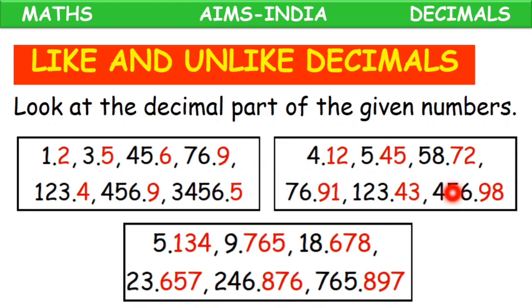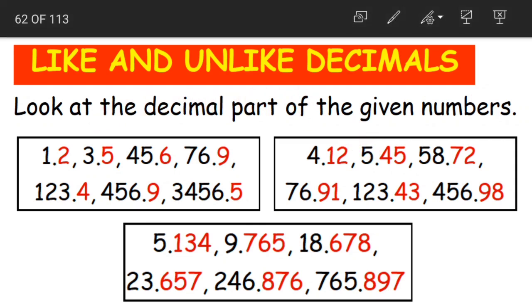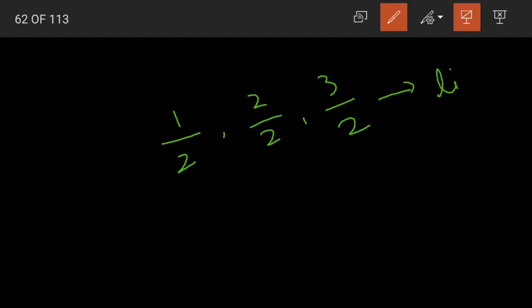So that is the answer. Now the next topic is like and unlike decimals. Yes, after learning about conversion of decimals and fractions, we learn about like and unlike decimals. Do you remember like and unlike fractions children? When I say 1 by 2, 2 by 2, 3 by 2, these pair of fractions are called like fractions.